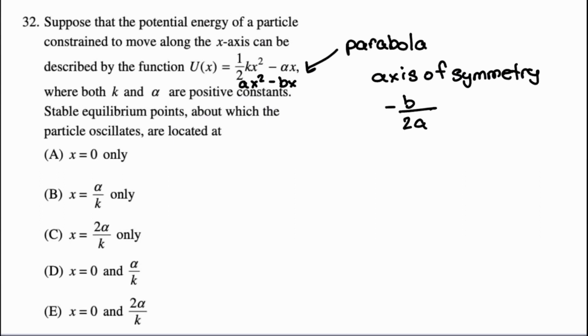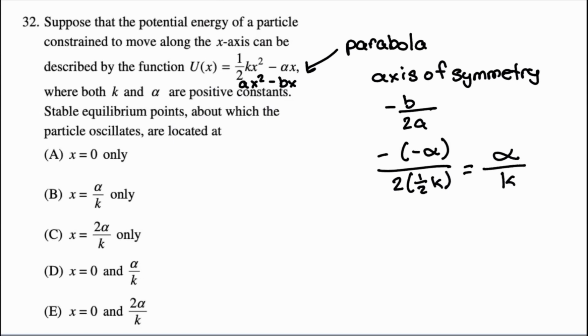So b is equal to negative alpha, I should say. So we have negative negative alpha over 2 times a, which is 1/2 k. This is going to be alpha over k.